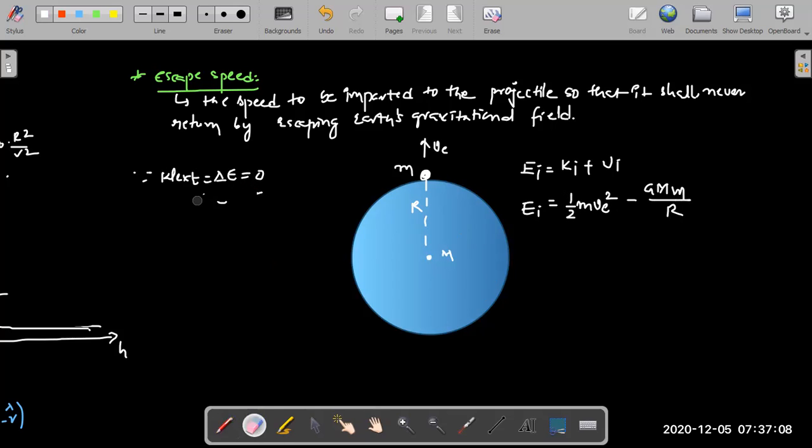Is that right? So from this, final energy is equal to initial energy, that is equal to half m V E square minus G capital M small m by R. You see, it is escaping.